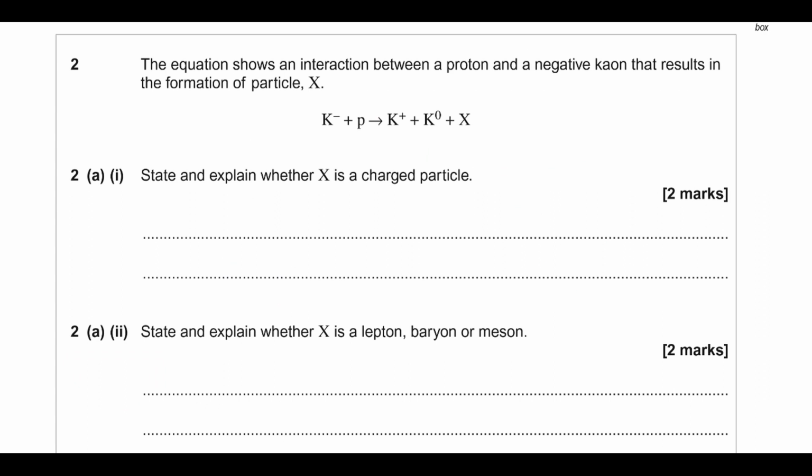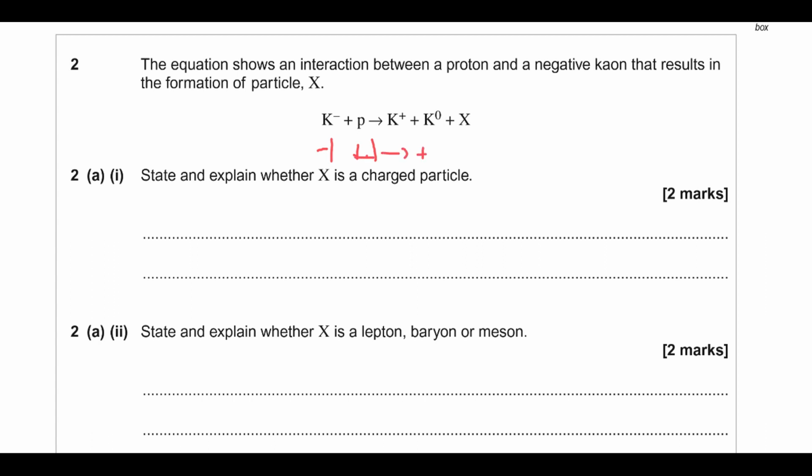Okay, so the equation shows an interaction between a proton and a negative kaon that results in the formation of a particle X. State and explain whether X is a charged particle. So let's apply conservation of charge. Going through, we've got a charge of -1 for the K minus, we've got +1, so we've got an overall charge of 0 on the left hand side.